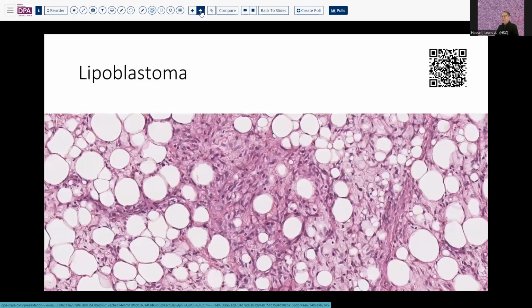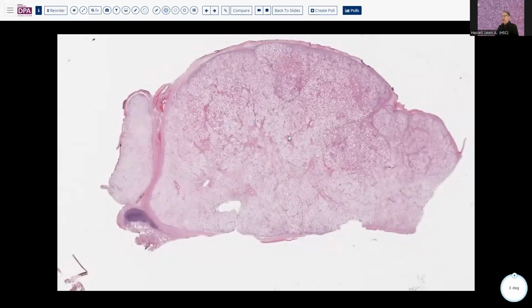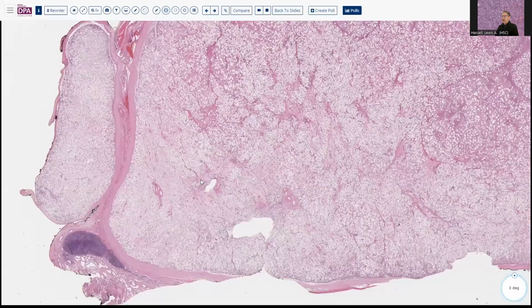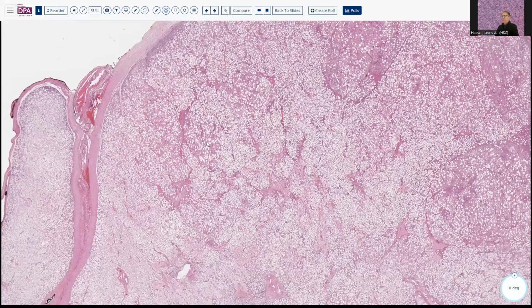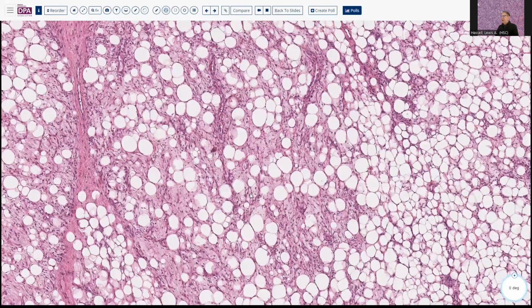Well, okay, here's the title slide, and you can see what we're looking for. We're looking for lipoblasts in this lesion, which, as we would expect with a name like lipoblastoma, should be relatively frequent. So here's a lesion. We can see it's got an abundance of fat in this process, and then it's got a loosely spindle and myxoid type of backdrop here in between the fatty cells.